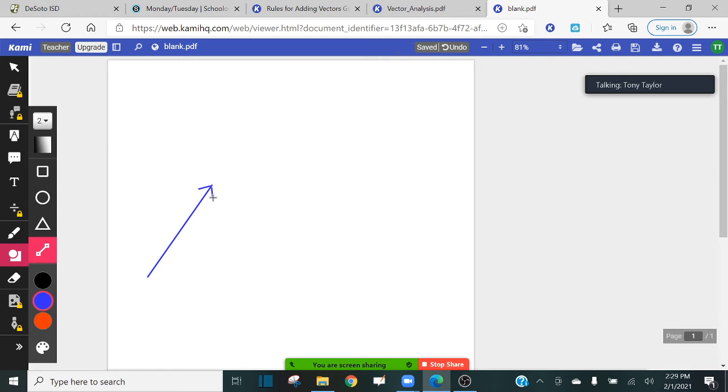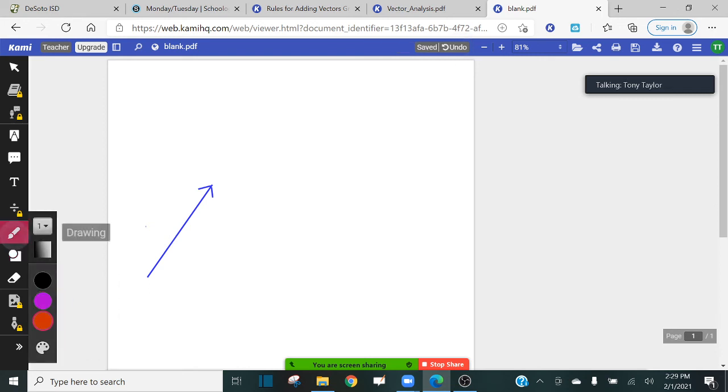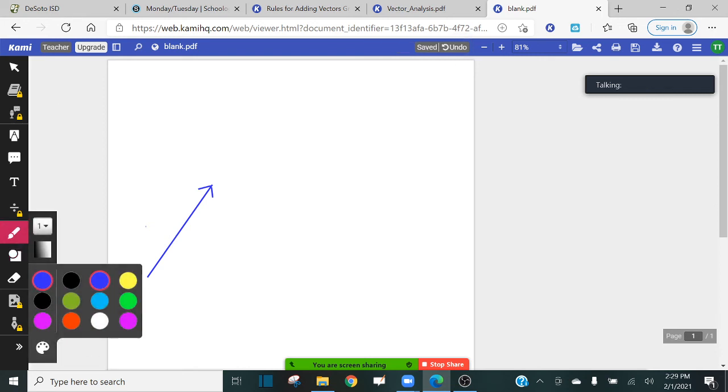So I give you a vector that looks like this, and I tell you that this vector has a length of 15 units. I also tell you that this angle right here is 67 degrees.